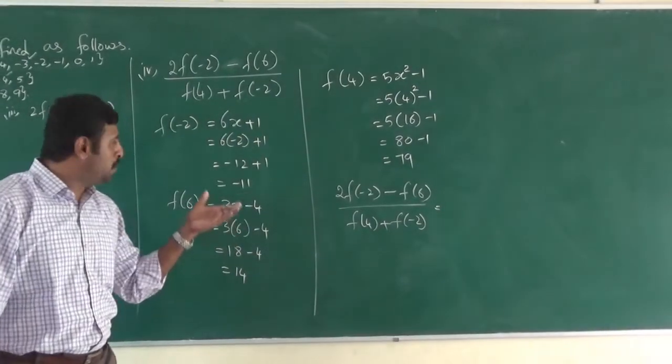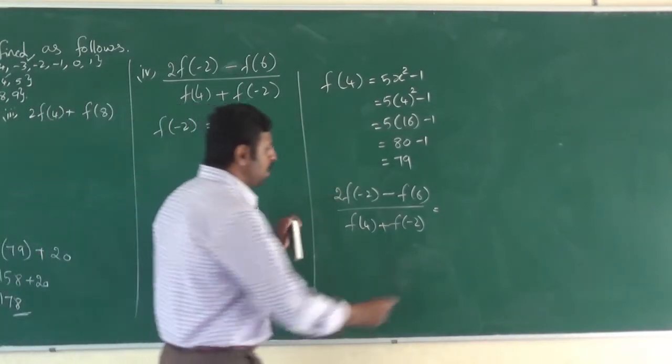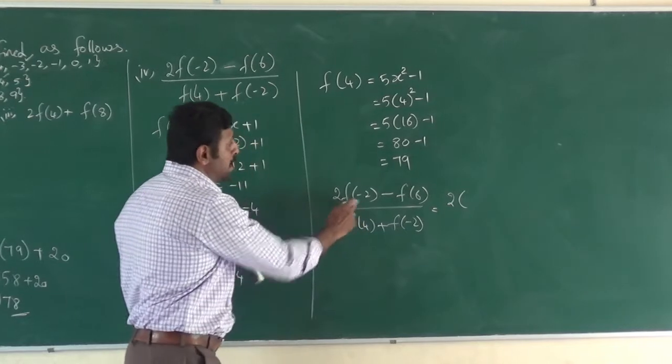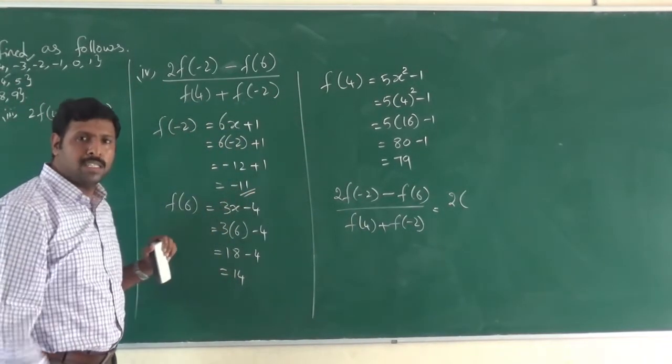Whatever values we have found, we apply in this term. Here we have 2 times f of minus 2, and this f of minus 2 value is minus 11.